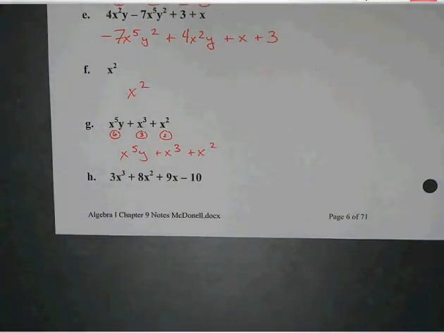What about the last one? Is that in correct form? What do you think? Why no? Should the 8 come first? What's the degree of the 8x squared? 2. Degree of the 3x cubed? So is that in standard form?